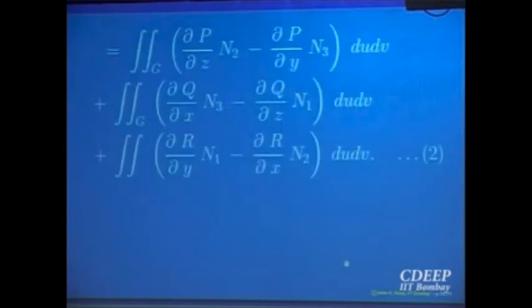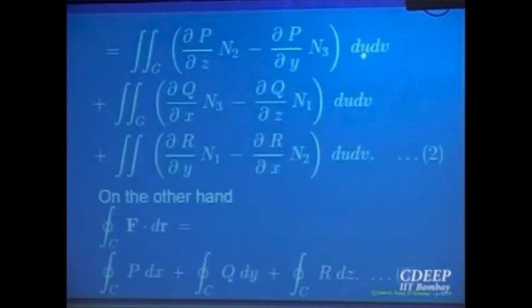So we wanted to show that this is equal to this. What we are going to show is that the terms containing P, that double integral, is equal to the first line integral of P dx over the boundary. So the first term is equal to the first term. That is what we are going to show.